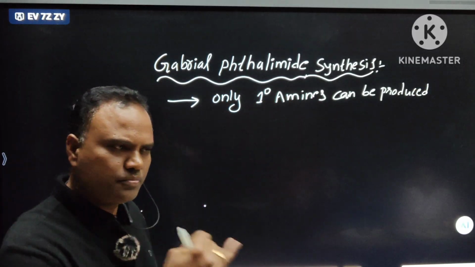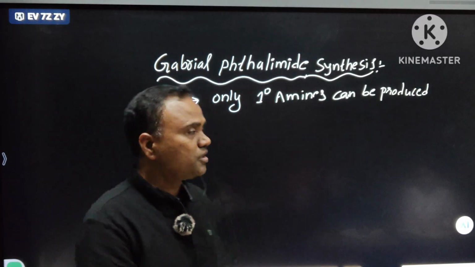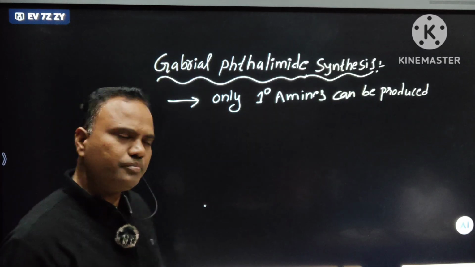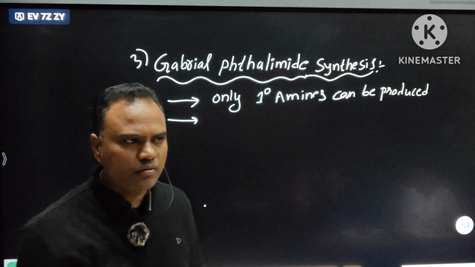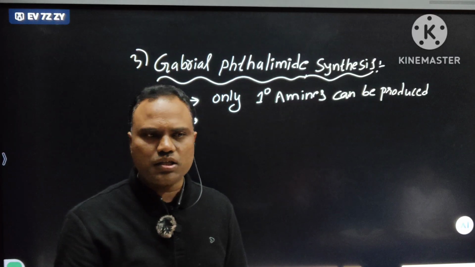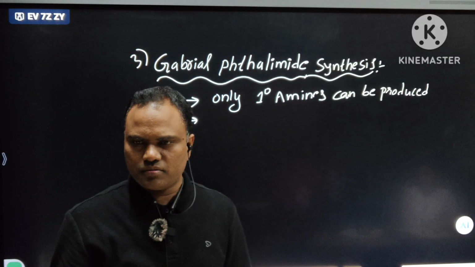First preparation method primary, second preparation method primary, third preparation method primary. And one additional important point, only aliphatic amine can be prepared.